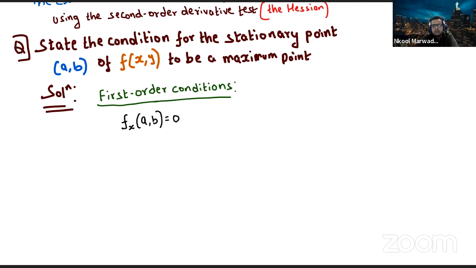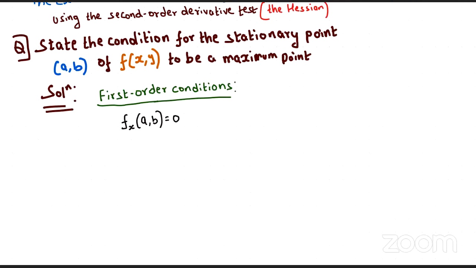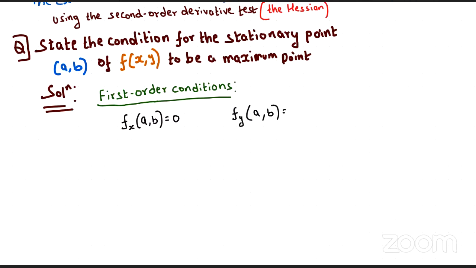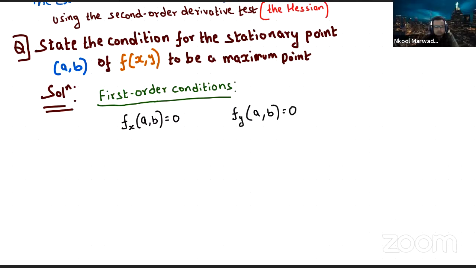Like, the partial derivative with respect to x at that point (a, b) should be equal to 0. And the partial derivative with respect to y at that point (a, b) should also be equal to 0. So this is the idea for the first order condition.